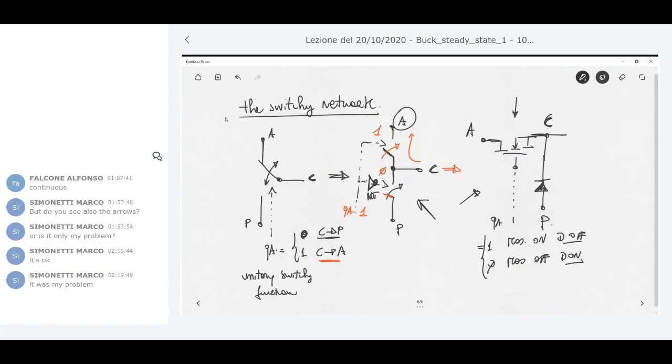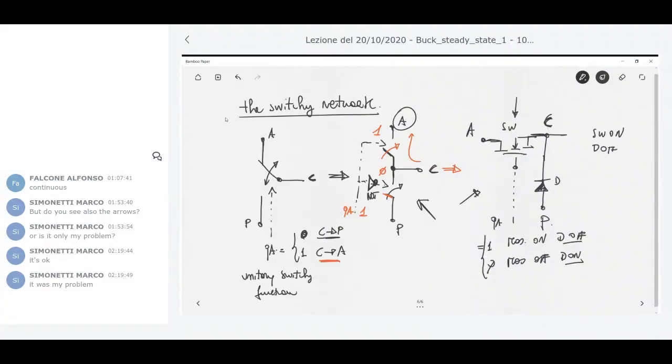So how many different states can be identified in a circuit when I have two switches? Basically, there are three different conditions. The first condition is when the switch is on and the diode is off.